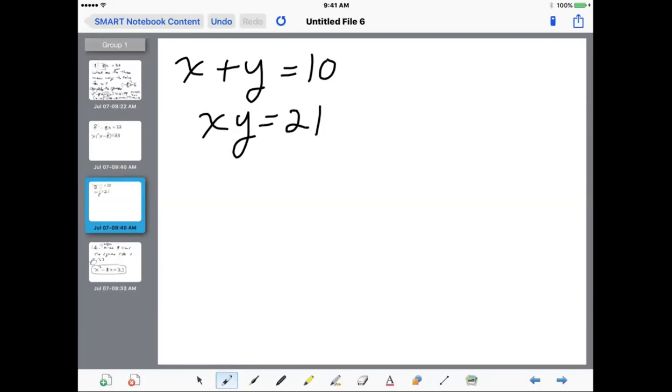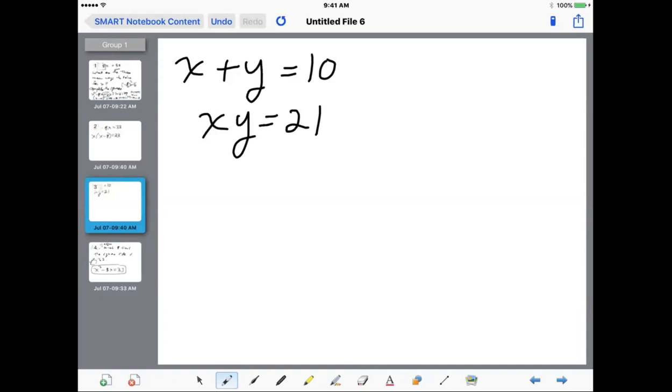And what's the answer? Just through guess and check, it is 7 and 3.